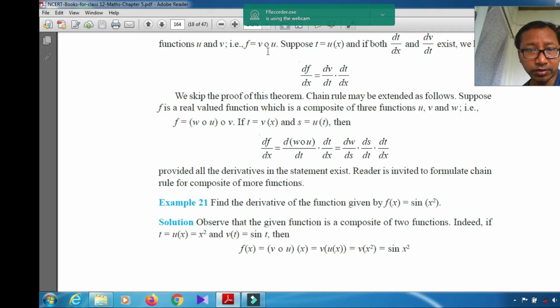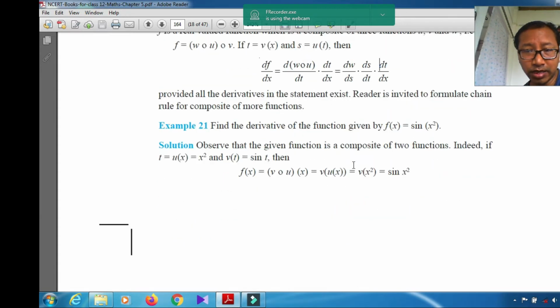Here the function is a composition of two functions v and u, so we will have two derivatives here. If the function is a composition of 3 functions like w, u and v, then we will have the chain in 3 derivatives, and even we can extend it to 4 or 5 like that.